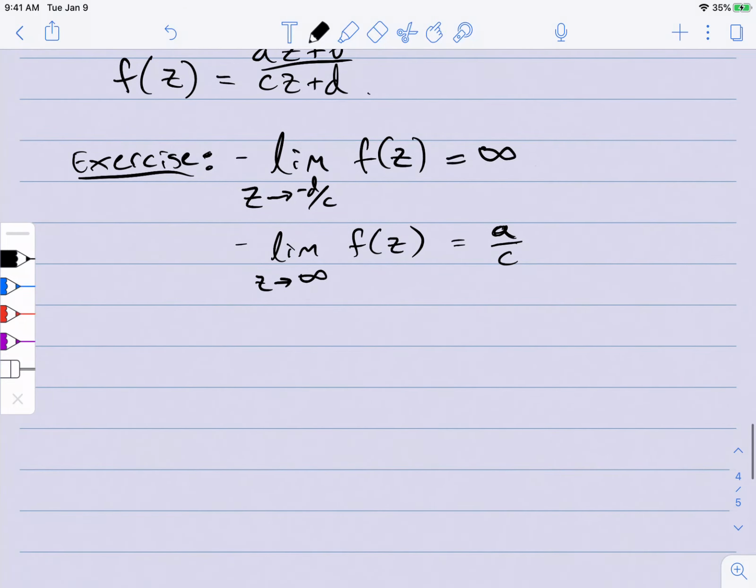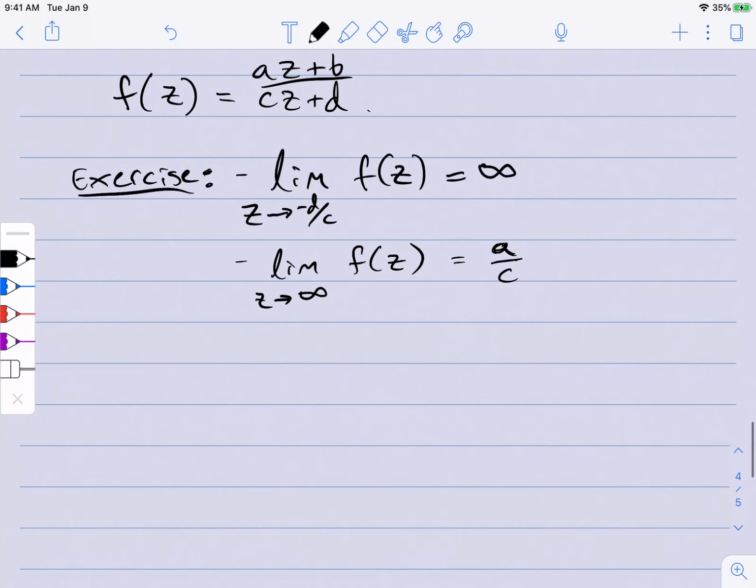But if you believe that the rules of limits hold when we involve infinity as well, then it's kind of easy to see. Let me write out what f of z is: az plus b over cz plus d.